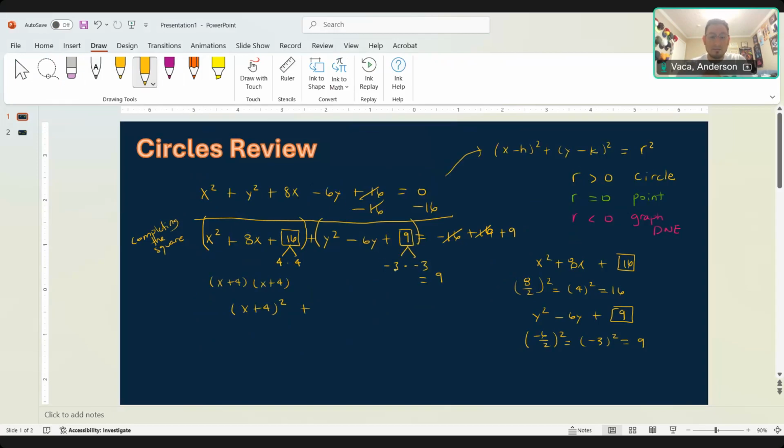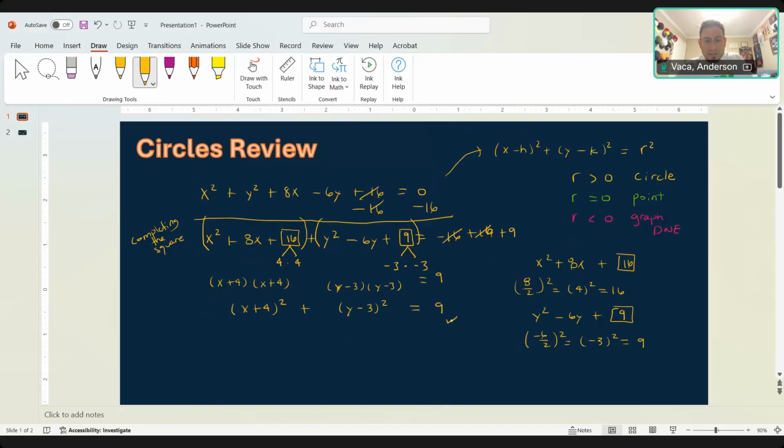And negative 3 combined with another negative 3 will be negative 6. So this factors into y minus 3, or y minus 3 quantity squared, equals 9.